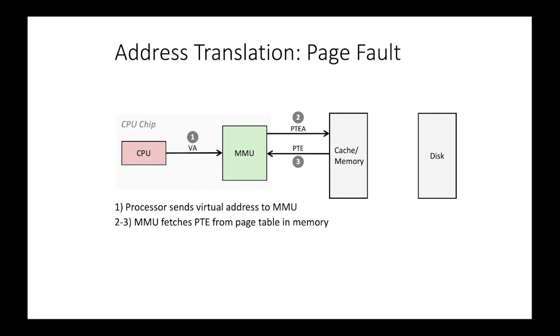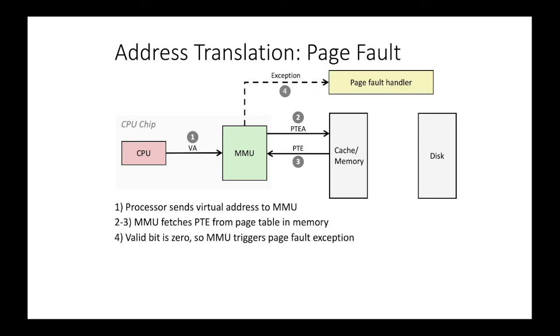In case of a page fault, the MMU fetches the page table entry from the page table in memory, and the valid bit is 0, so the MMU triggers a page fault exception.